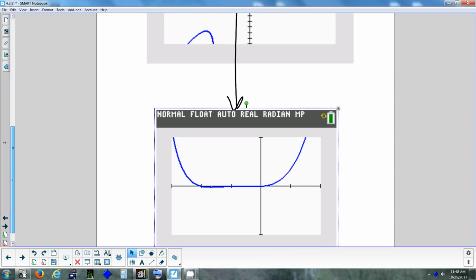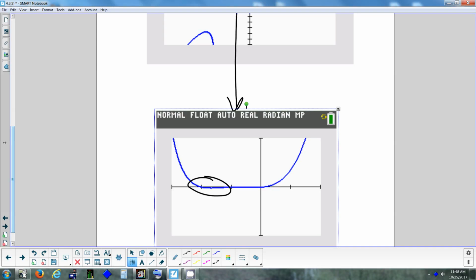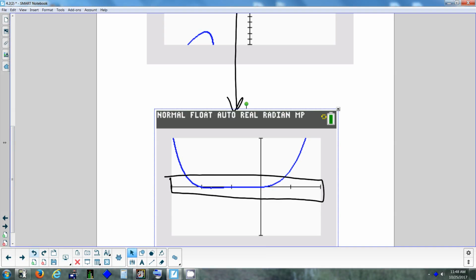Okay, so we took that, we zoomed in. Does anyone see something right there? To me, it looks like it's almost going down in that section, and then maybe back up. Okay, it's kind of hard to see, so let's zoom in again. I'll keep my x min and max the same, but this time instead of negative 1 to 1, I'm going to go negative 0.1 to 0.1.